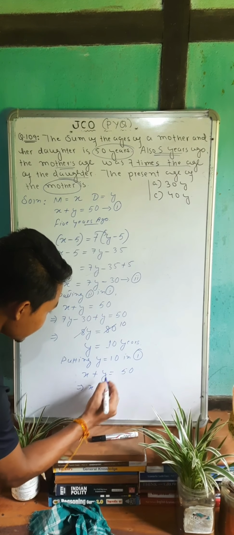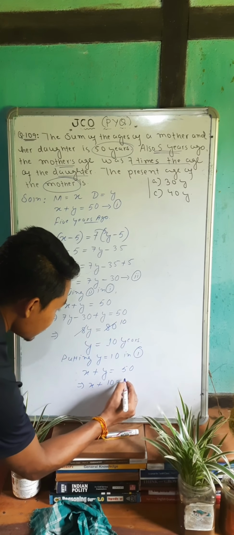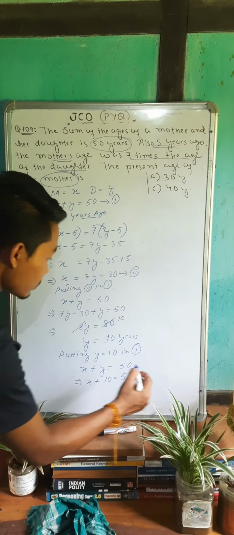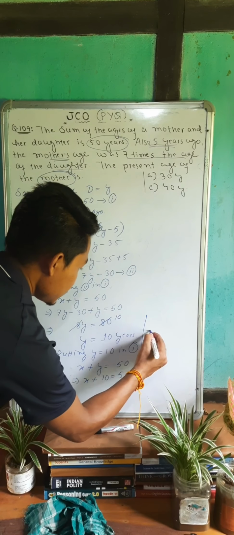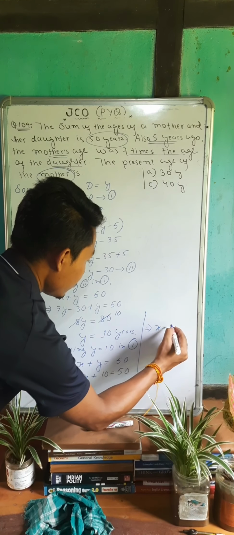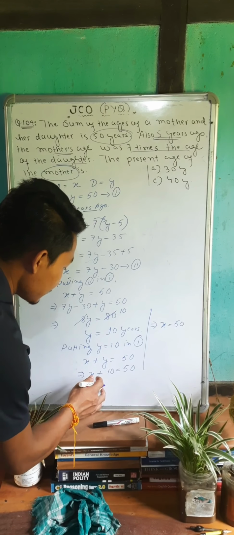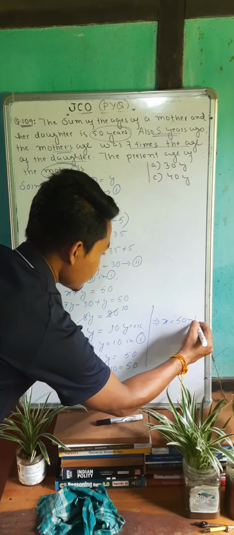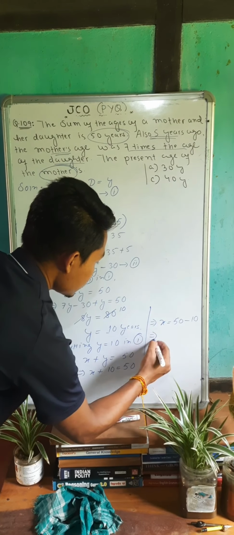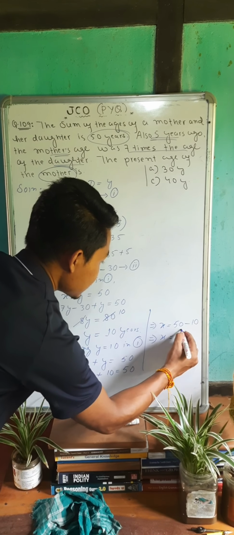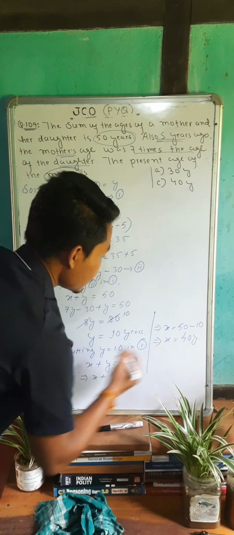So x plus, in place of y we can write 10, equal to 50 years. So this side we can write x equal to 50, carry plus 10, right hand side minus 10. So x equal to 50 minus 10 will give us 40 years.